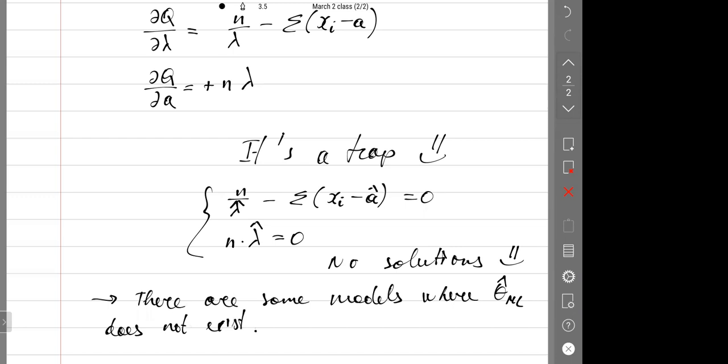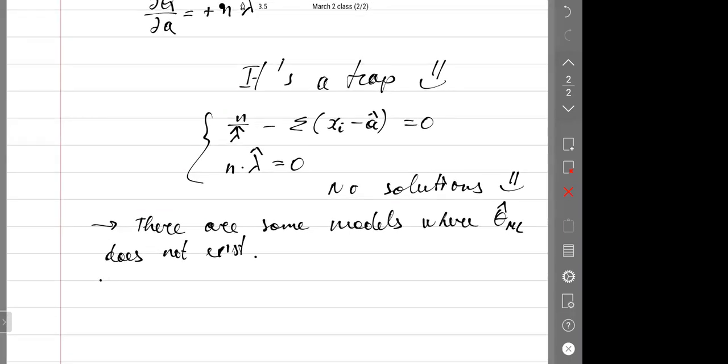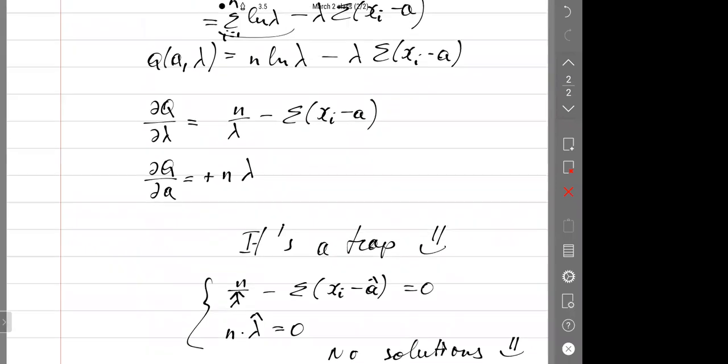But that's not the case. The trap is that we have done something wrong during optimization. But that's not the case in this particular problem.